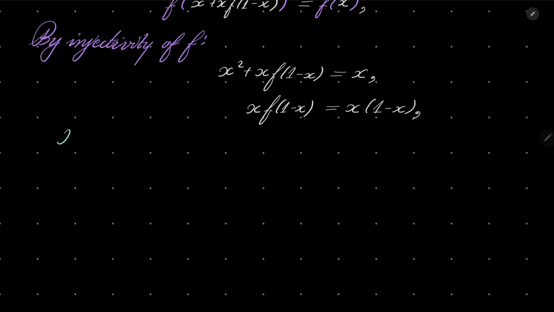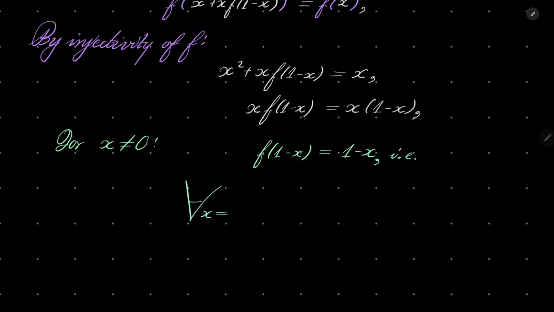So for x not 0, we have f of 1 minus x equals 1 minus x, i.e., after shifting our variable, for every x which is not 1, f of x equals x.